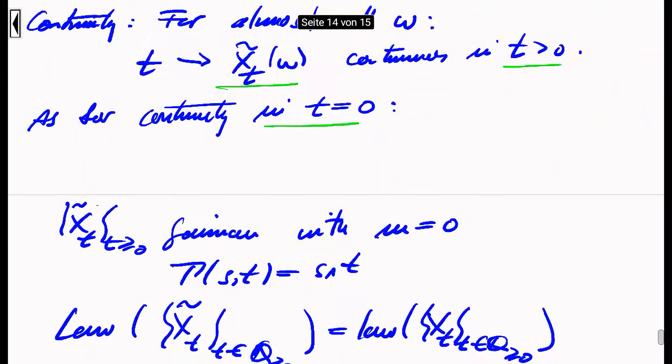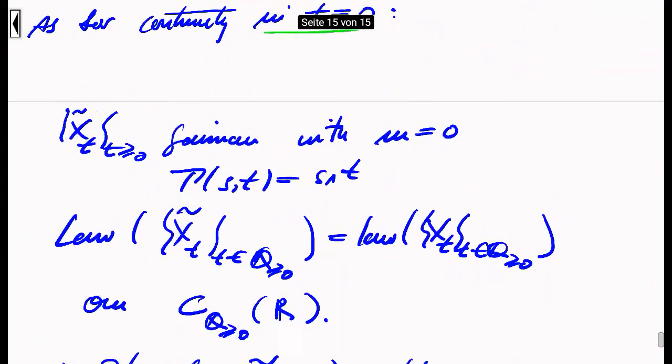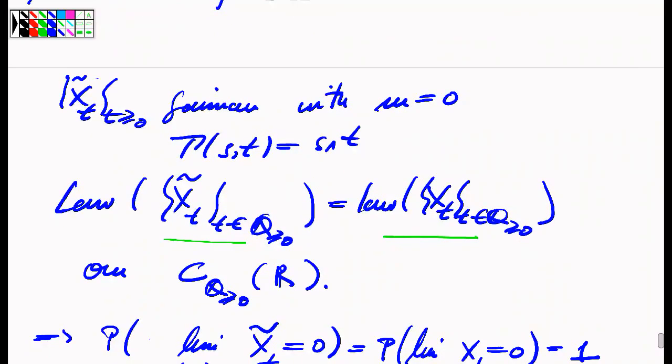But we can in fact prove this, that the process is continuous almost surely. So if we, for instance, restrict the tilde process to a time parameter set which ranges among all rational times, then the restriction of this tilde process to the rational times yields a Gaussian process.